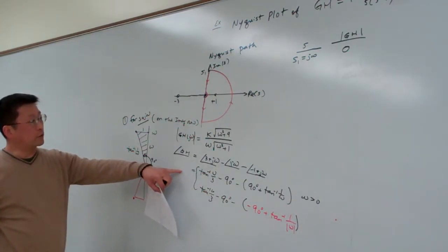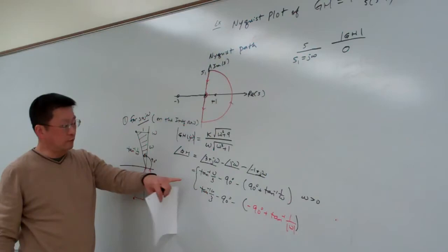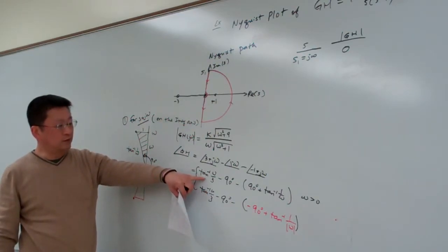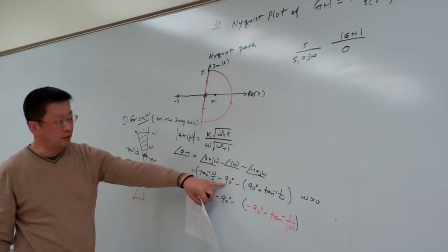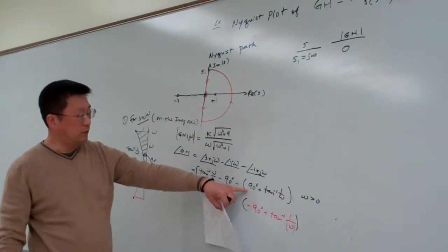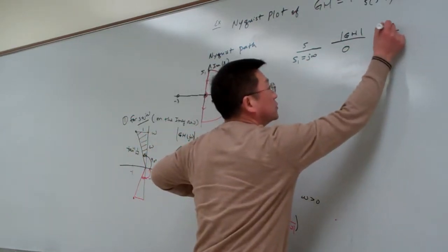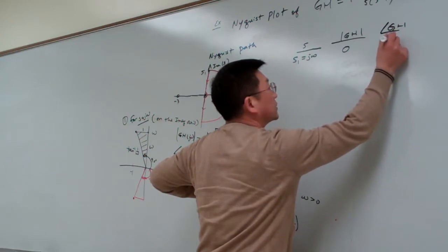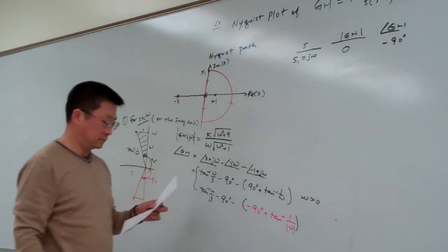And for GH, this is on the positive side, we go to this formula. So this is 90 degrees minus 90, and 0 minus 90. So basically GH equals almost minus 90 degrees.